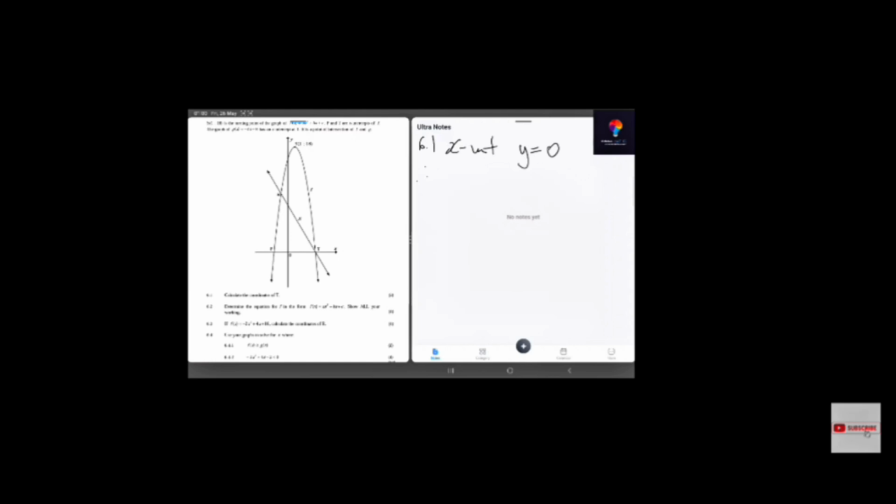As I've just said, for x-intercept, y is equals to 0. We're going to take the equation of g of x, minus 2x plus 8. So in this case, g of x is going to be 0.